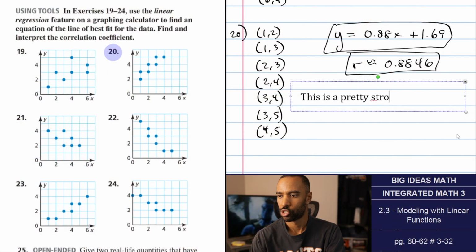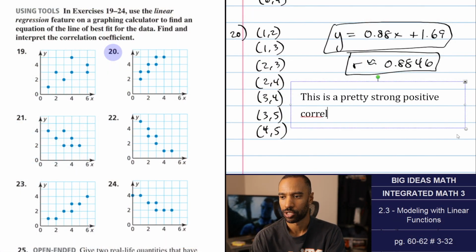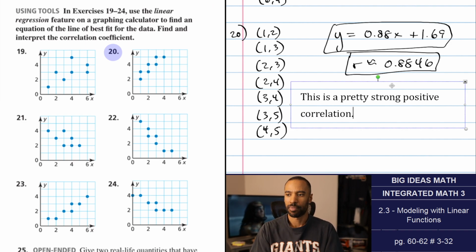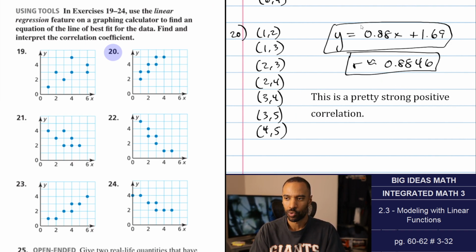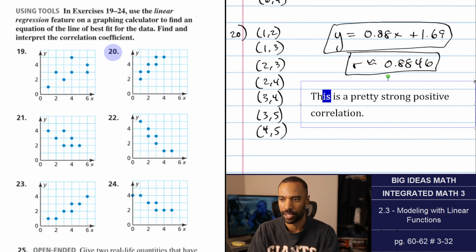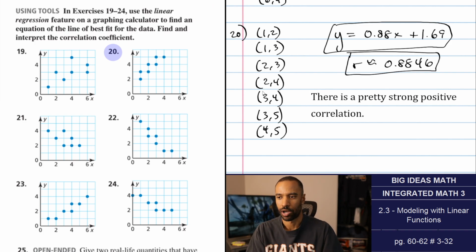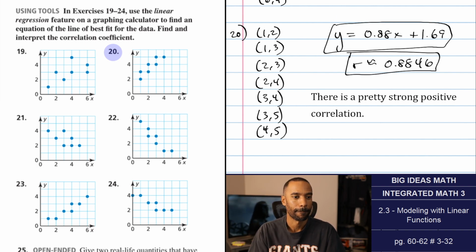So this is a pretty strong positive correlation. And it's positive, meaning the slope of this thing would be positive if you draw that line through there. There is a pretty strong positive correlation between X and Y.